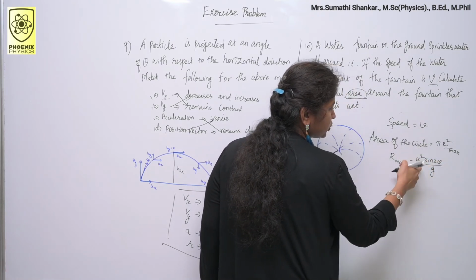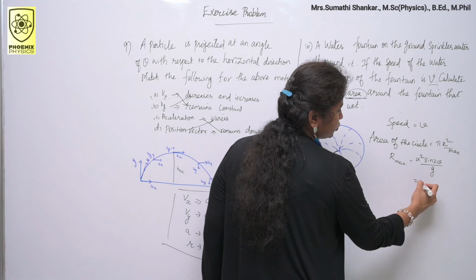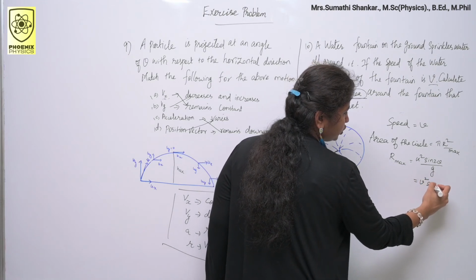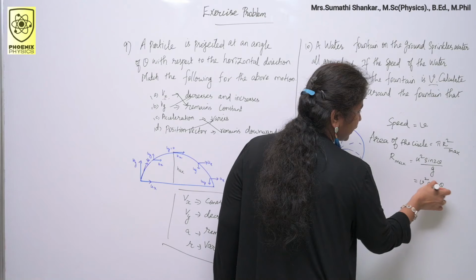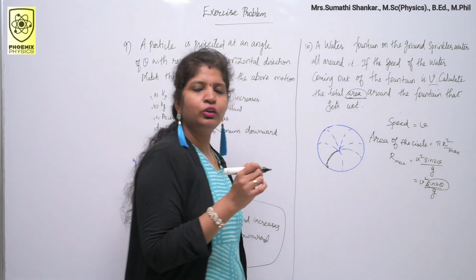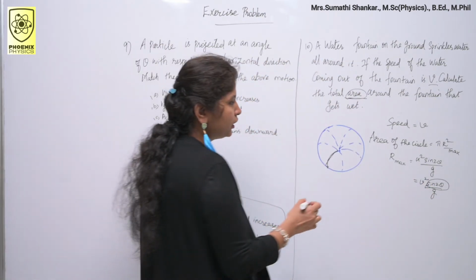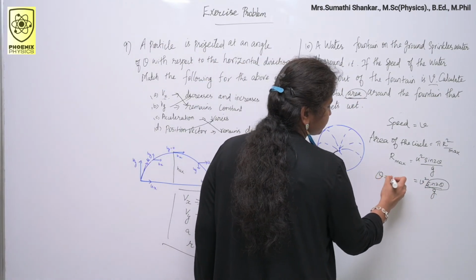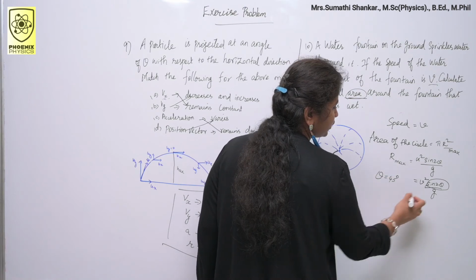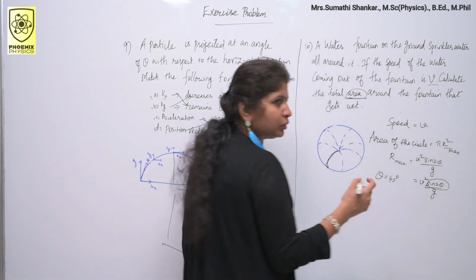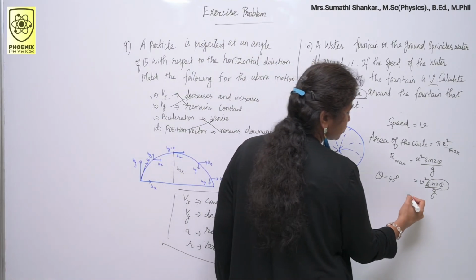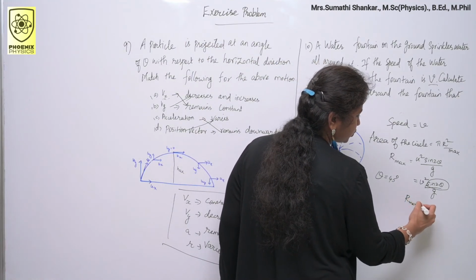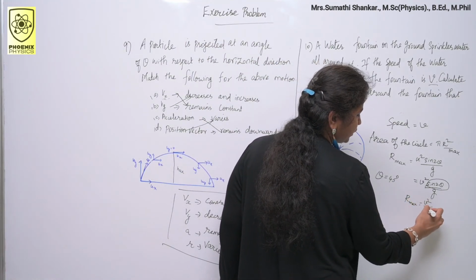Here u is v, so you substitute v square sin 2 theta divided by g. When do you get this value as maximum? Sin 2 theta is maximum at theta equal to 45 degrees, since sin 90 is 1. Your answer is R max is equal to V square by g.